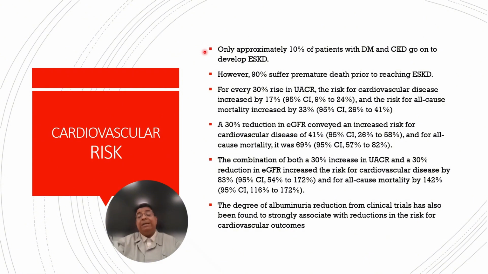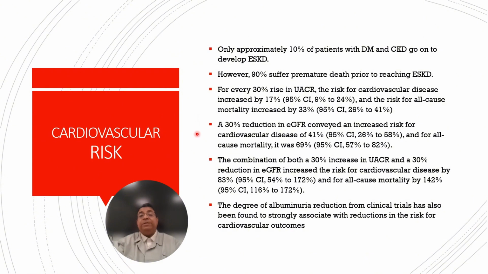Only approximately 10% of patients with diabetes mellitus and CKD go on to develop end-stage renal disease. However, 90% will suffer a premature death prior to reaching end-stage renal disease. For every 30% rise in albuminuria, the risk for cardiovascular disease increased by 17%, and the risk for all-cause mortality increased by 33%.